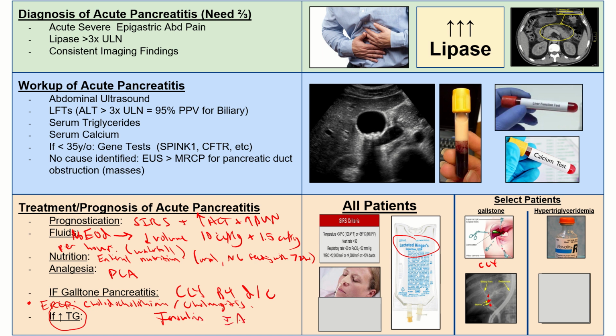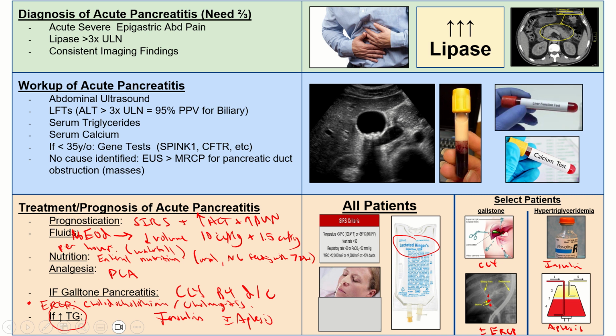I will say, and I won't get into when you do this, but plus minus apheresis. If patients are super sick, if they're in the ICU, if they have severely elevated levels, sometimes this is an option, but not something to be tested on, because I think the evidence is somewhat mixed on this. Long-term would be control if they have it secondary to diabetes, control their diabetes, and the long-term control of triglycerides.